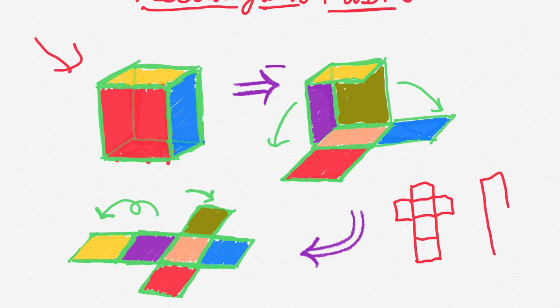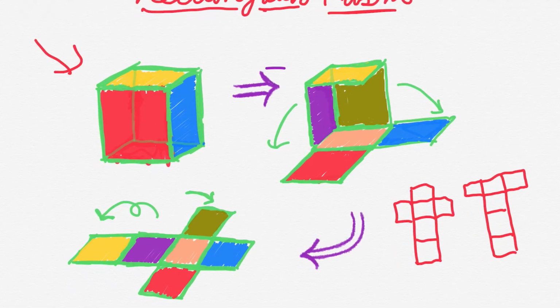So this could also be a net like this. You could have these 4 sides, and then maybe those 2 squares are at the top. You could still fold this up into a cube. They just look a little bit different. There's all sorts of different types of nets, and there's really no net that's right or wrong. You can make all sorts of different types of nets.